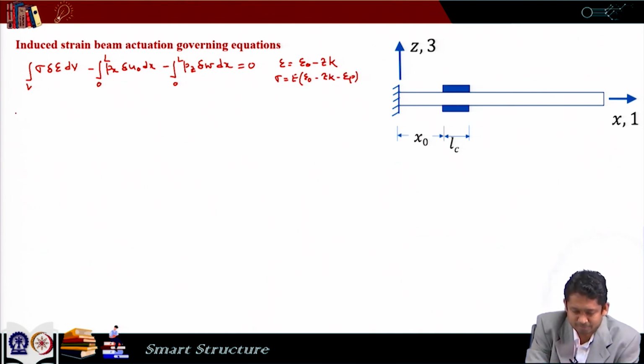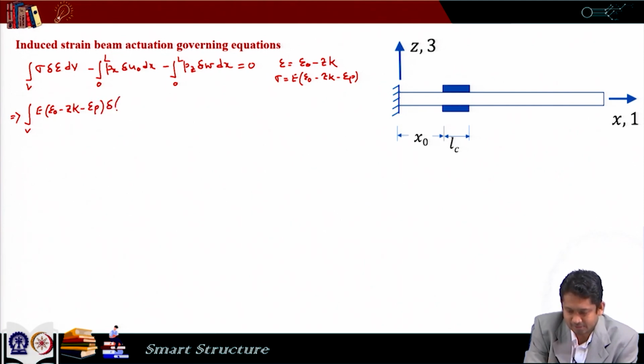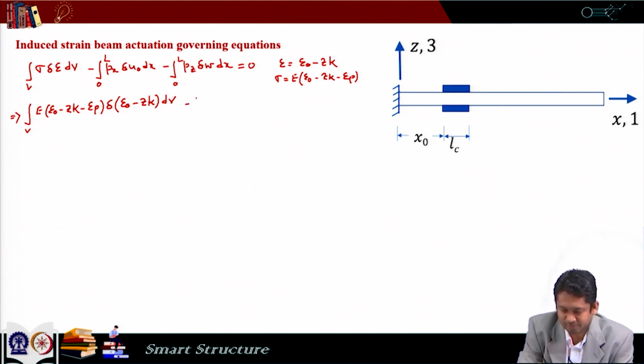So, if we put it here, we get E multiplied by epsilon 0 minus z kappa minus epsilon p, multiplied by the variation of epsilon 0 minus z kappa, and a volume integral, and then we have again the p x term, which remains as it is, and that is equal to 0.